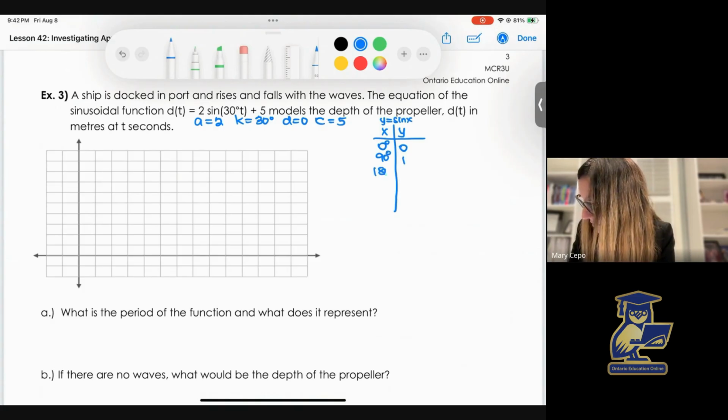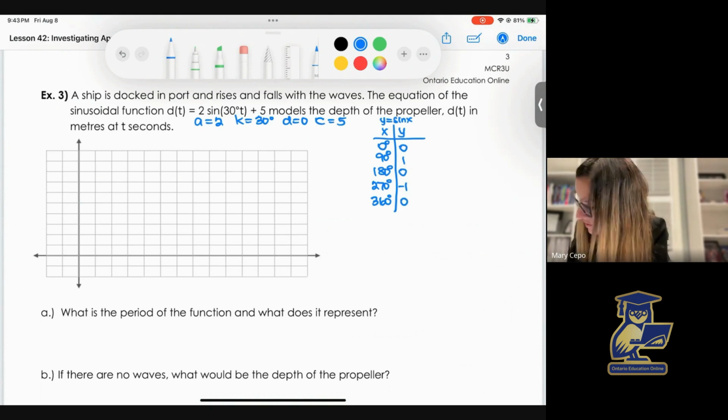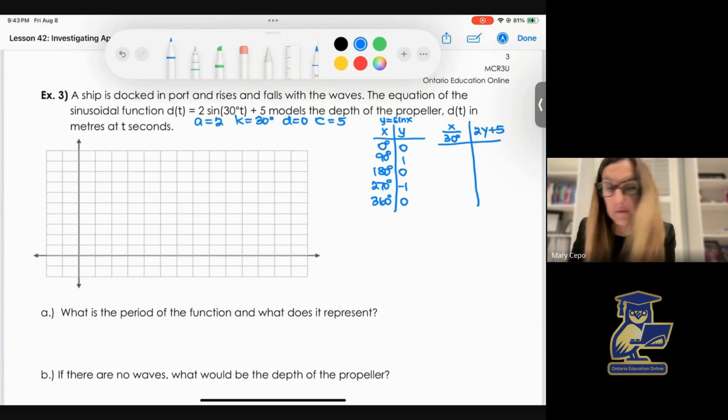At 180 degrees, we're back at 0. At 270 degrees, we're at -1. And at 360, we're back at 0. Using mapping notation, we're going to have x over k, which is 30, plus my d, which is nothing, to y plus 5.